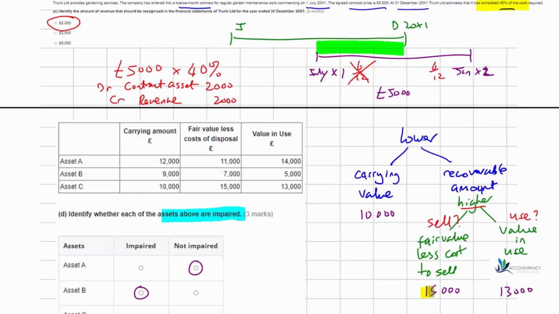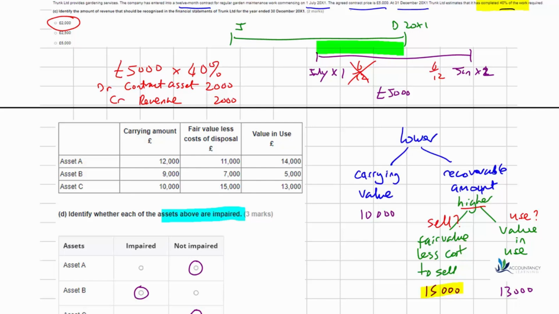So again, in this case, we would choose to sell it rather than use it, because we'd make more money by selling it. And the number in the accounts is 10,000, which is already lower than the recoverable amount. So again, because of prudence, we should show the asset at the lower of the two numbers. So it's already at the lower, and therefore this asset is not impaired.